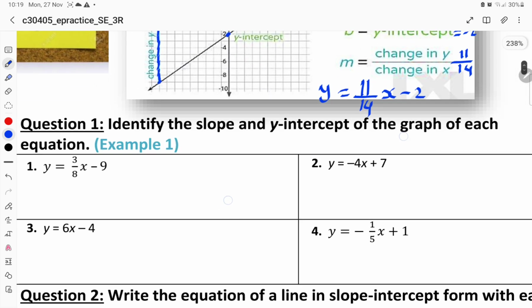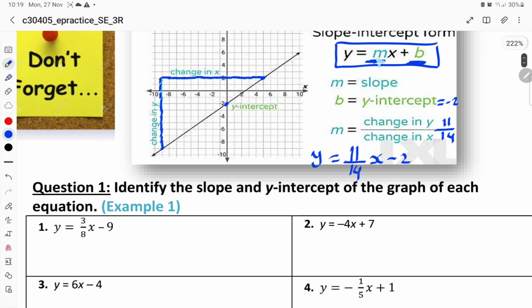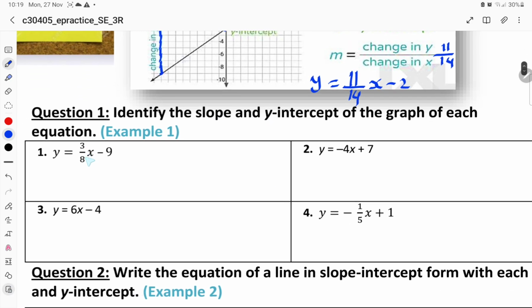Here, he is asking in question 1, identify the slope and the y-intercept of the graph of each equation. We agreed that the m is the slope and the b is the y-intercept. So here is the coefficient of x, which is the m. Here is the y-intercept, which is the b.